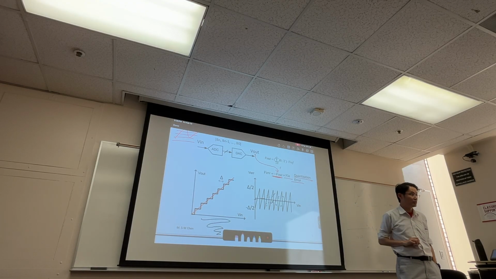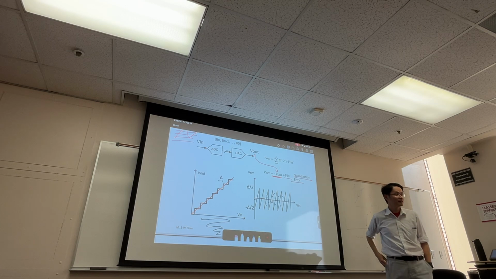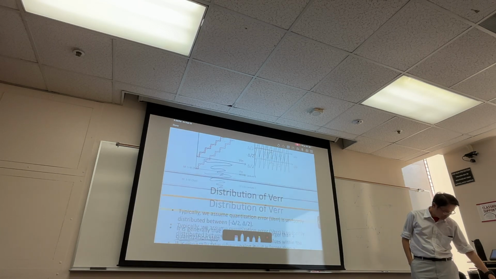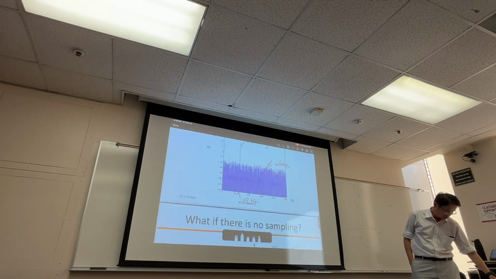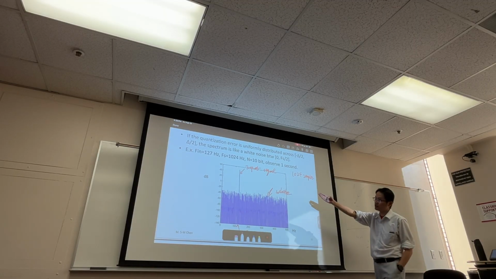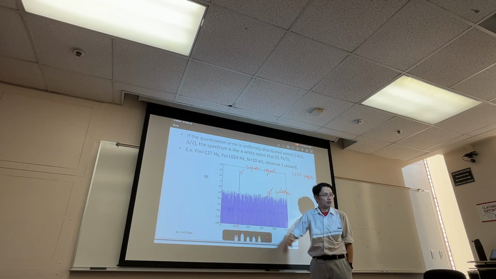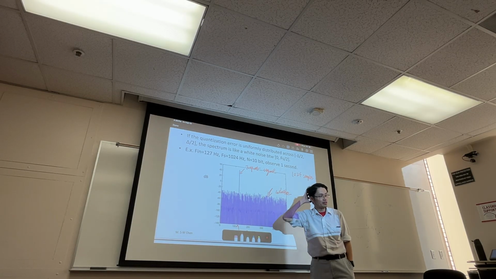Not much correlation. However, in some cases, I'll go back to my extreme case. If my input is a DC signal, if now I change my test signal from a 127 hertz sine wave to a DC signal, what does my spectrum look like?